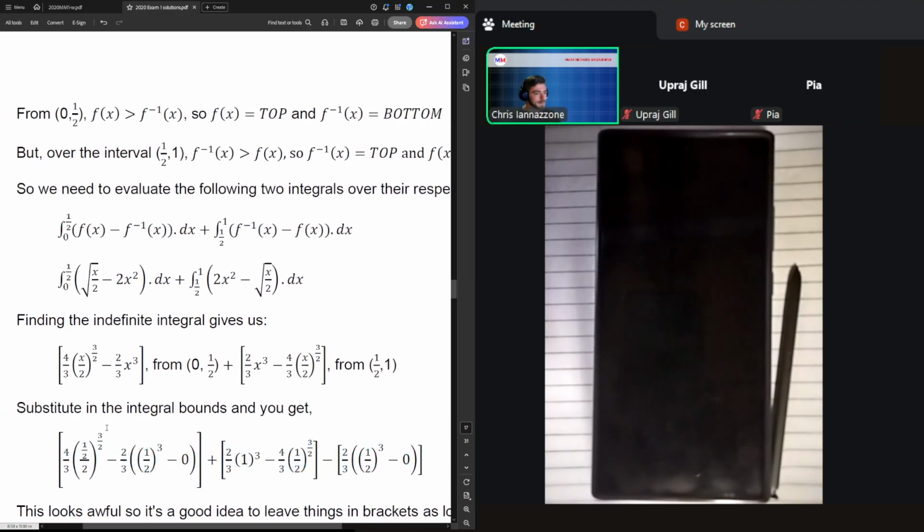Strange. Anyway, so this is your capital F of a half minus capital F of 0, because if you sub in 0 into this, that whole thing will disappear. And then this is going to be your capital F of 1 minus capital F of a half. Got the 1 into those spots.